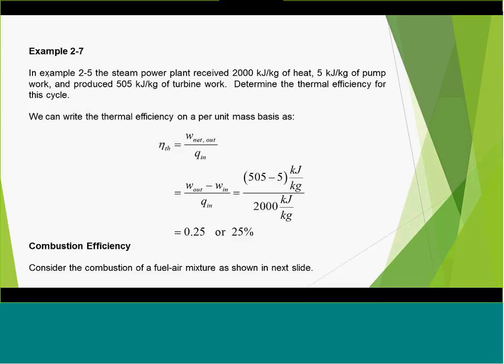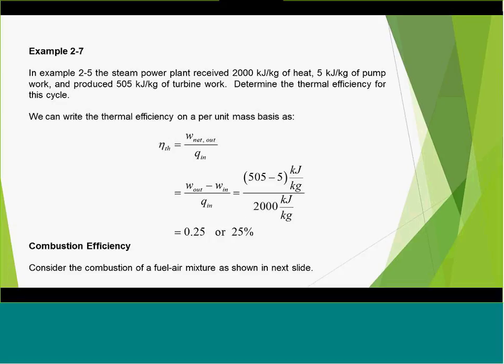In example 5, we have a steam power plant that receives 2,000 kilojoules and 5 kilojoules of pump work, and produces 505 kilojoules per kilogram of turbine work. Determine the thermal efficiency of this cycle. Basically the net work out and the heat transfer in per unit mass are considered here.